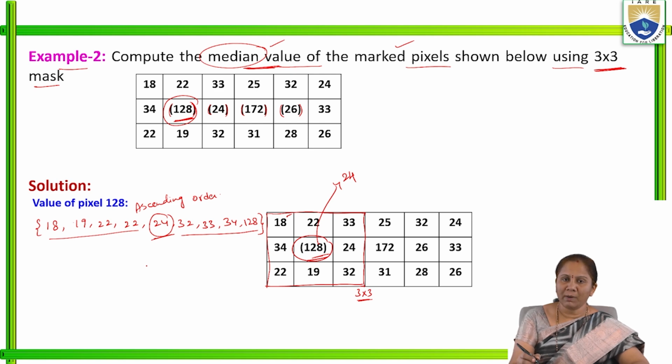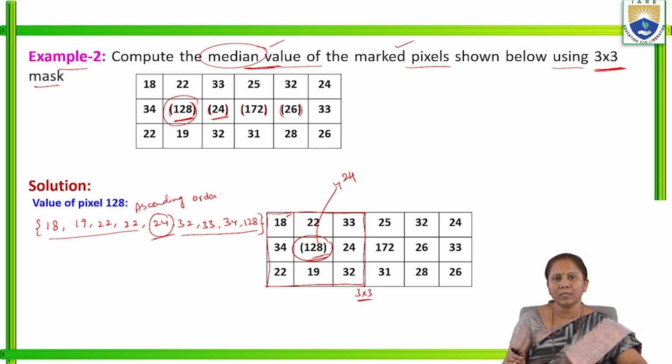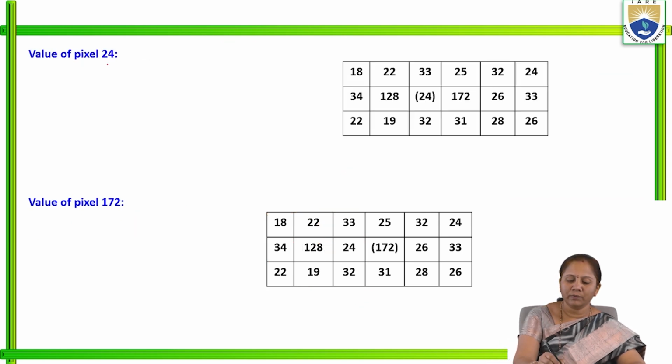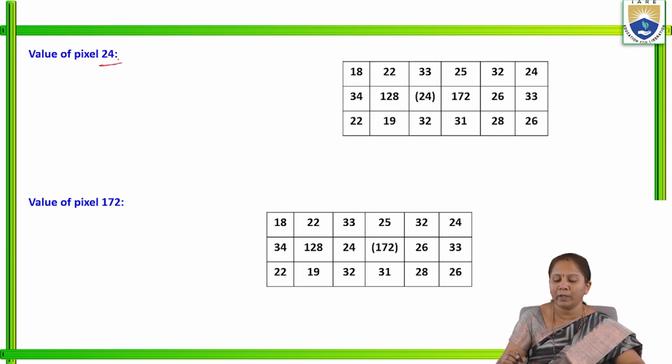Now the next marked pixel is 24. Now we have to change the mask such that 24 will become the center pixel. We have to find the new pixel value for the marked pixel 24 by applying the 3 by 3 mask.